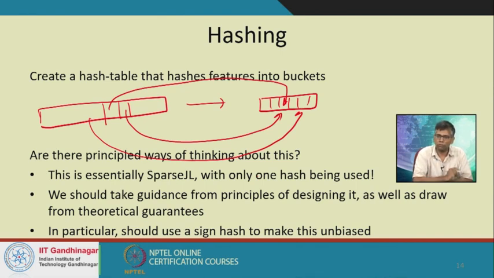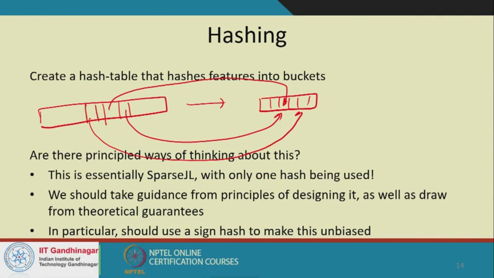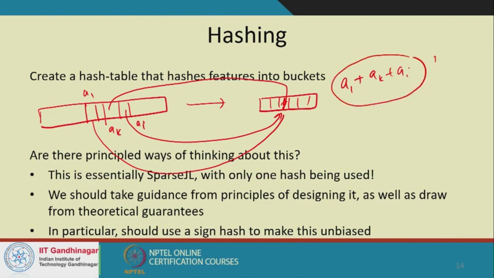And in particular, one of the lessons that you should draw is that it's not enough to say, supposing this is again A1, AK, AI, and all of these have gone to the same bucket, to put A1 plus AK plus AI in the bucket. Because remember what sparse JL was doing.